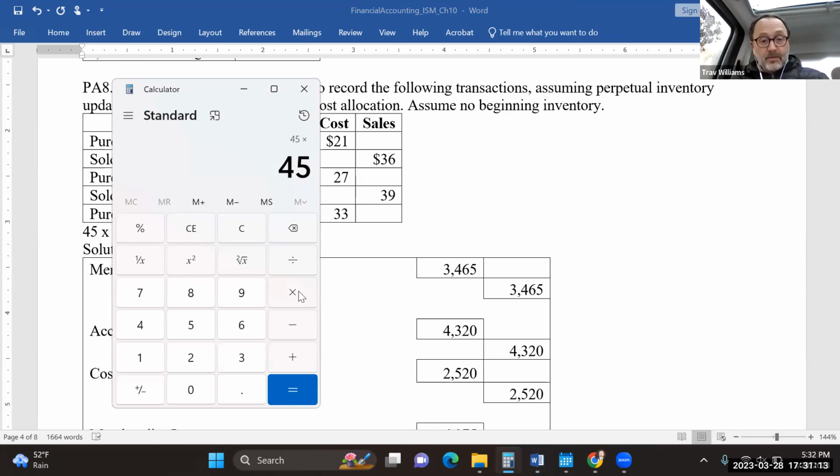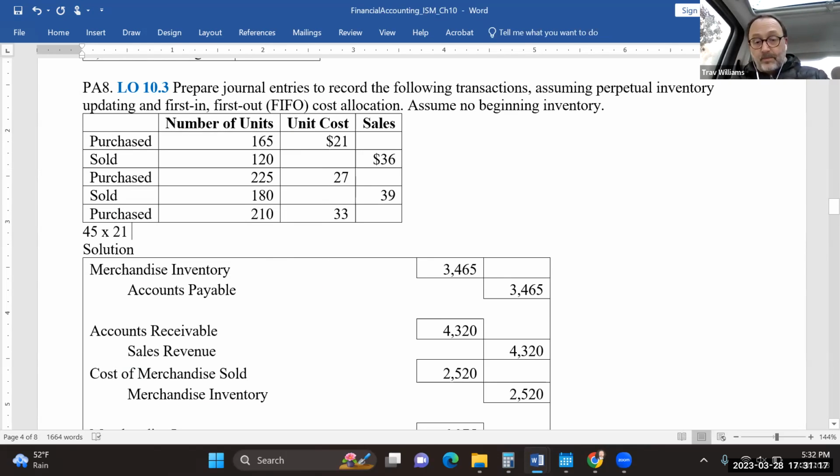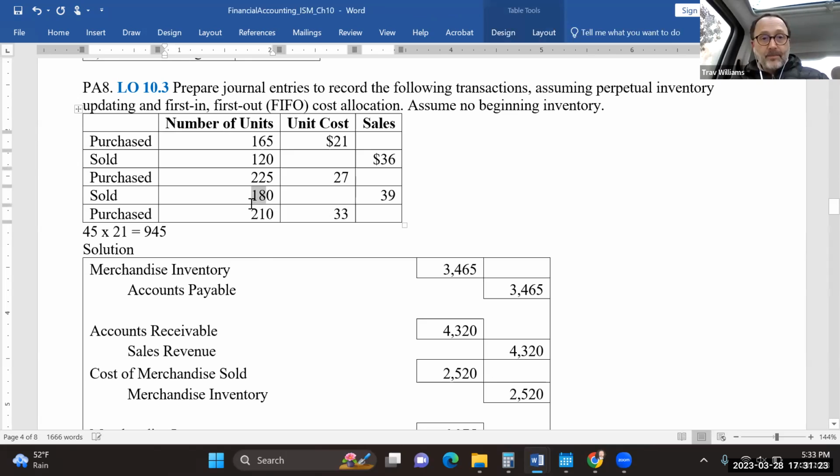45 times 21, that's $945. Okay, but remember, the sale is 180. So now we're going to have to take the other 135 units out of the second lot, which was at $27 per unit.